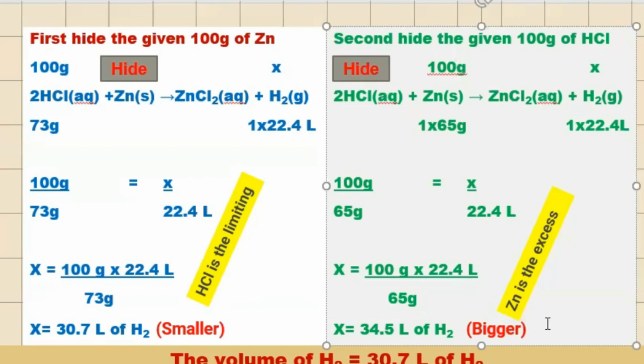And the bigger number, 34.5 liter of hydrogen, represents that zinc is the excess reactant, in which some amount of zinc is converted into product, and some amount of zinc is left over at the end of the reaction. Therefore, the volume of hydrogen is 30.7 liter of H2.